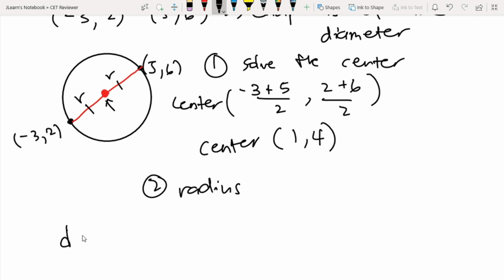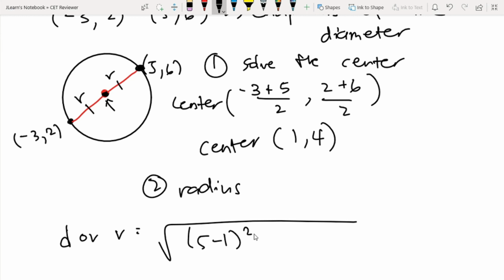So d or r is equal to the square root ng from this point to this point. Okay? So this will be 5 minus 1. Okay? 5 minus 1 squared plus 6 minus 4 squared. Okay? And if we solve this, this will be equal to 2 square root of 5.